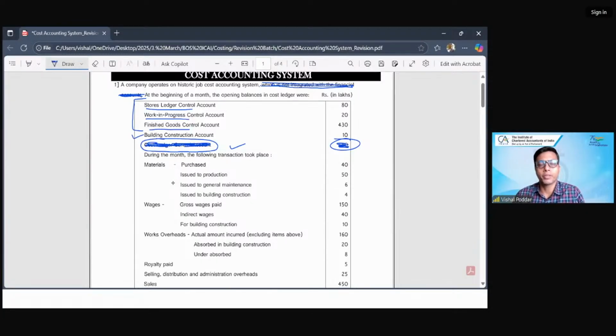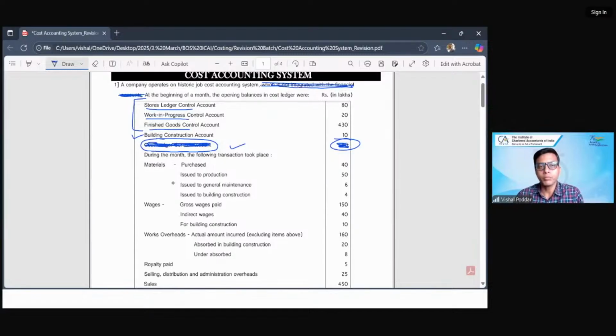The factory building which you require for your business, you are constructing yourself. Till the building is under construction, you have opened a separate account called building construction. The moment the building is completed, it will be transferred to your common building account where you show the completed building values.